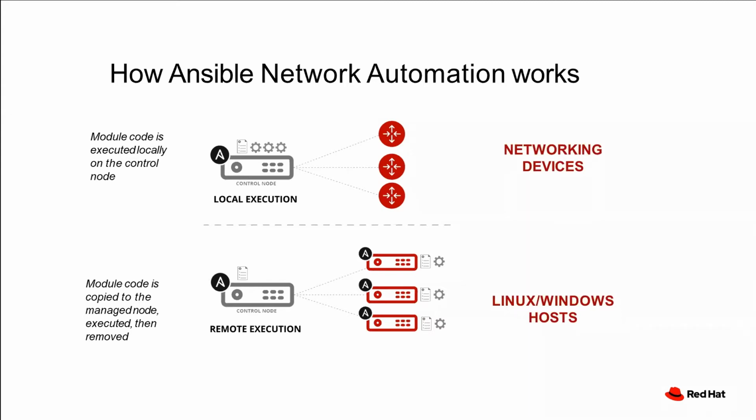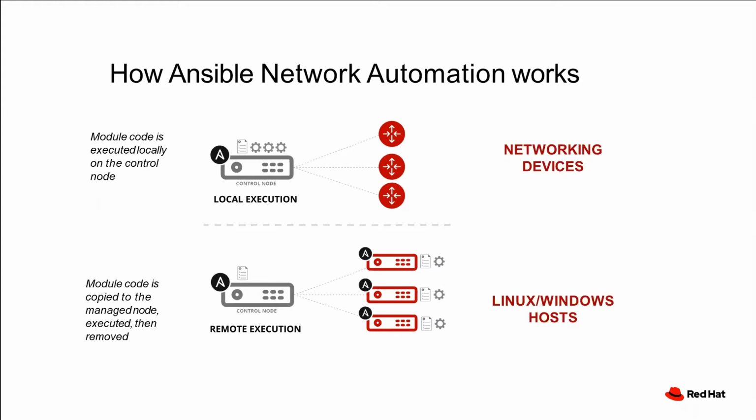But if we think about how Ansible network automation works, I'll start at the bottom with how Ansible typically works. This is for systems that have an operating system that we can modify or add software to, such as a Linux or Windows host or a workstation or server. The Ansible engine, the control node, will connect to each one of those systems and use the native authentication that's available.